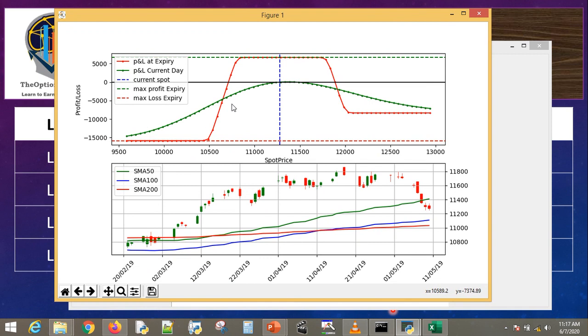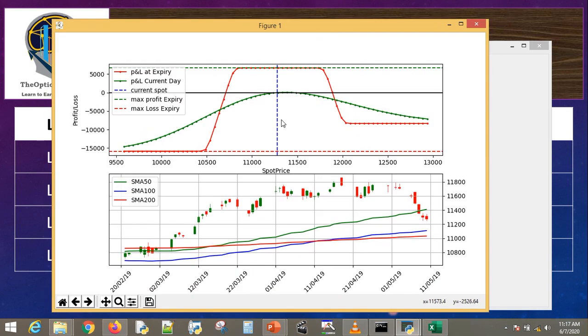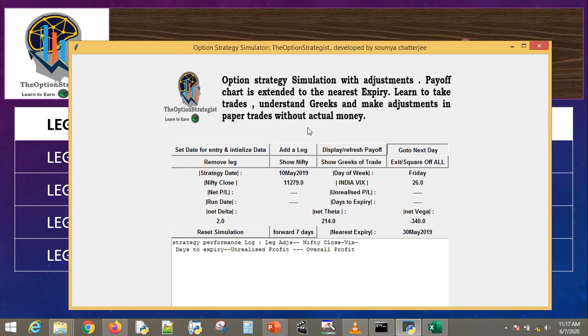And now with this, we'll go ahead and simulate what happens next day. So this becomes the basic starting point of constructing an iron condor, right? And you'll go ahead and understand what happens to the iron condor in the next and subsequent 30 days. We'll go a little quickly over some of the days to understand, and also understand the Greeks in the meanwhile. Let's go to the next day.